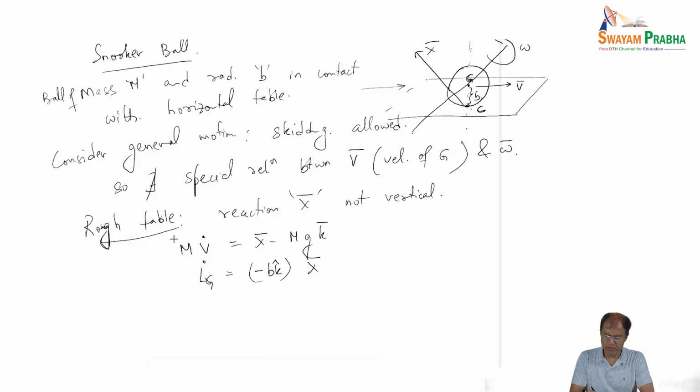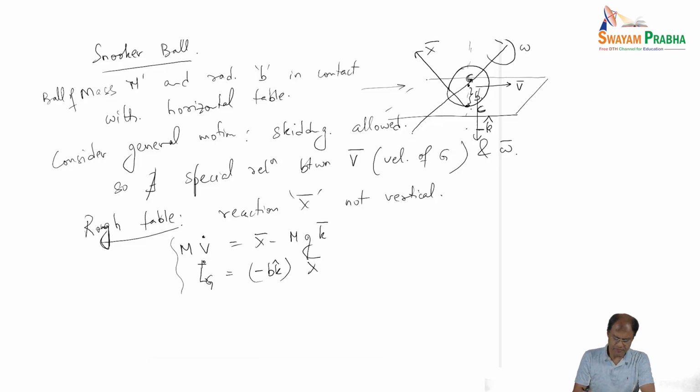So these are my equations of motion: the translational motion of the center of mass and the rotational motion about the axis passing through the center of mass. So we see that minus k is the vertically downward direction, or k is the vertically upward direction, and x is the reaction force.